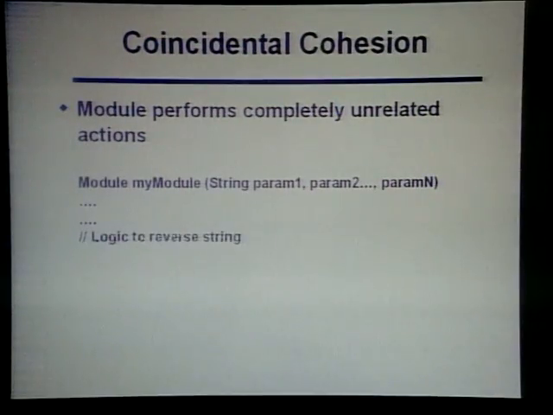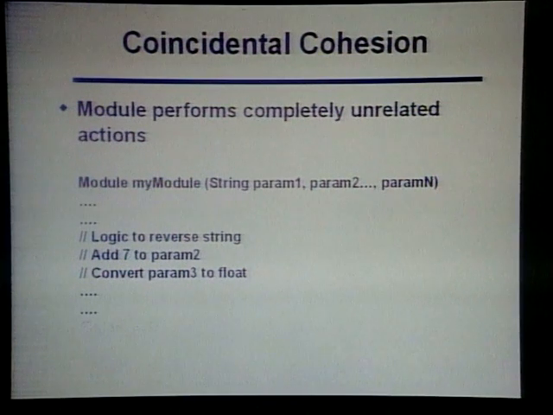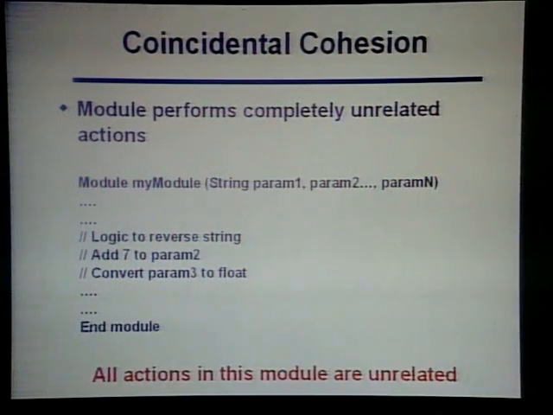If you start from the lowest level of cohesion, which is called coincidental cohesion, we say that a module has coincidental cohesion if it performs completely unrelated actions. One example is here. We have written a module which takes some parameters and performs some tasks.